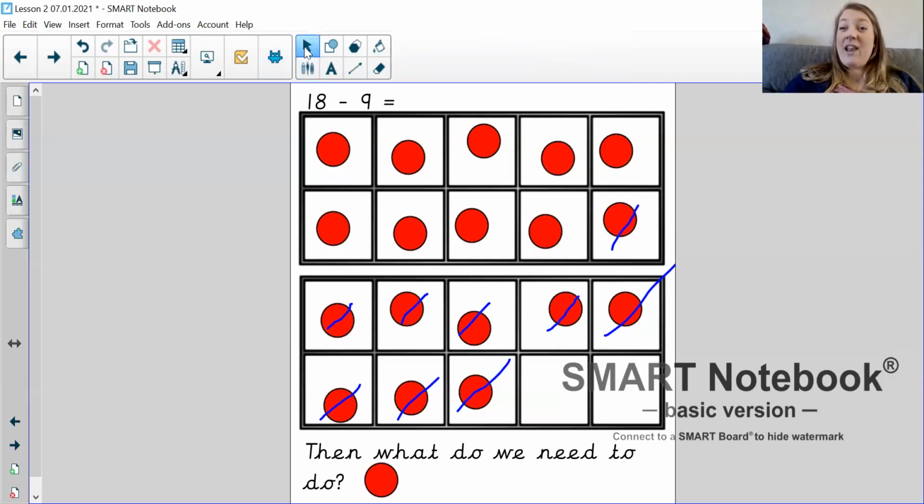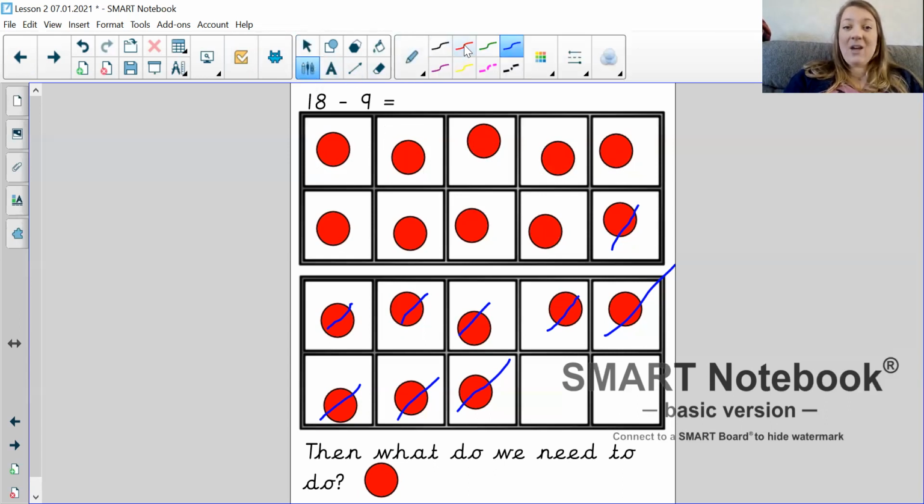Lovely. The last part that we have to do is we have to find out what is left. So we're going to count them. So you're going to count all of the ones that do not have a cross through them. 1, 2, 3, 4, 5, 6, 7, 8, 9.